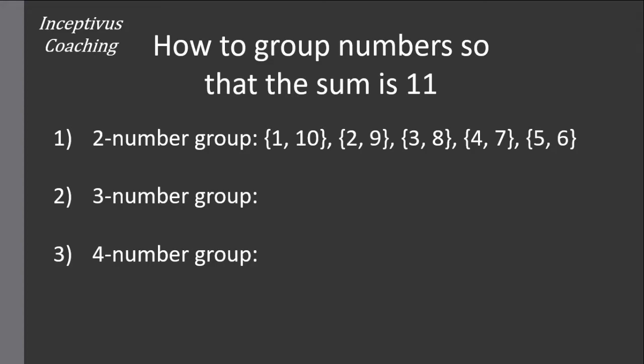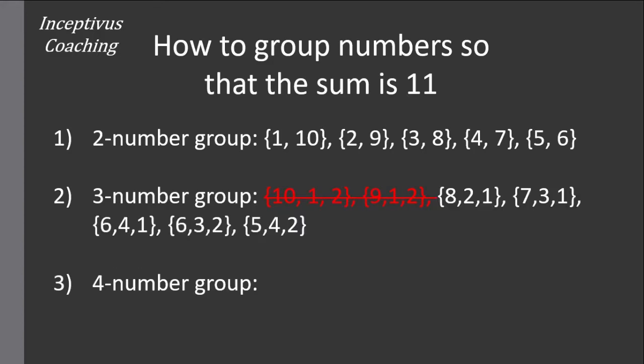So this question is slightly more complicated, and the way I went about this was that I want to know what's the largest number I can put in a 3 number group. Can it be 10? Well, obviously no, because if you put 10 as your first number, your second number could be 1, but that already gives you a sum of 11, so that leaves you no space for the third number. Can it be 9?